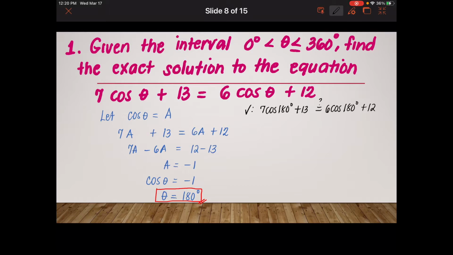So I'll have 7 times cosine 180, which is negative 1, plus 13, will it be equal to 6 times cosine 180, which is negative 1, plus 12? So I'll have negative 7 plus 13, is it equal to negative 6 plus 12? Negative 7 plus 13 is 6, which is equal to 6. Therefore our answer is correct.